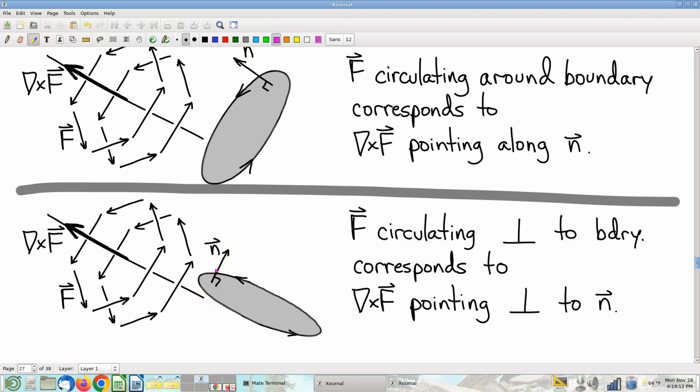And now let's think through, are we getting circulation here? How much circulation are we getting? Well, we're not really getting any circulation here at all. The fluid is circulating around that way. The boundary is going in a different direction.